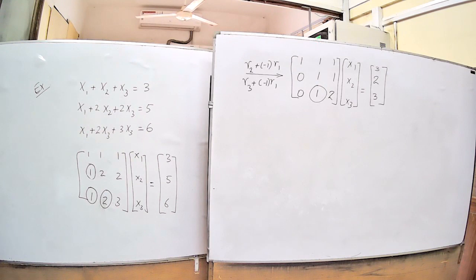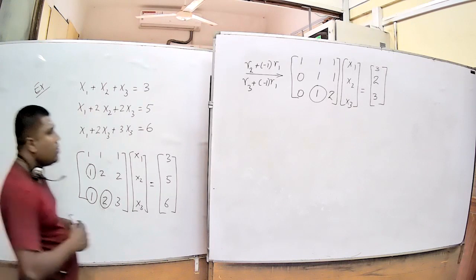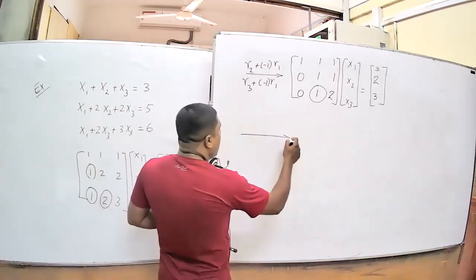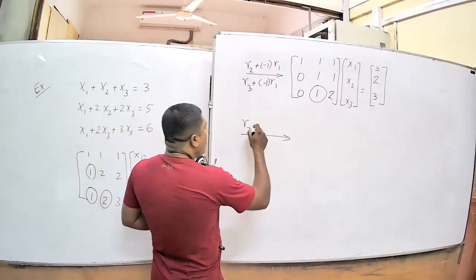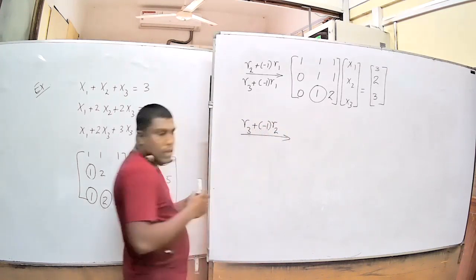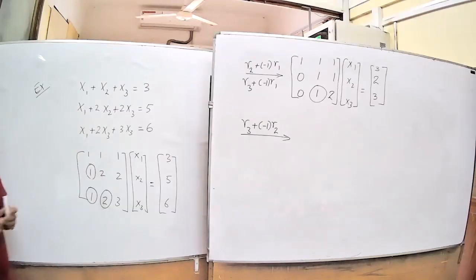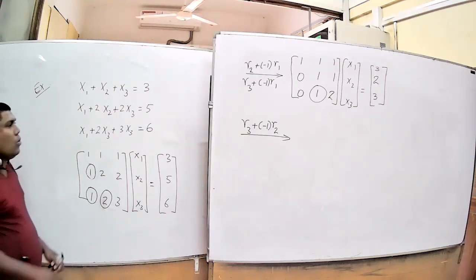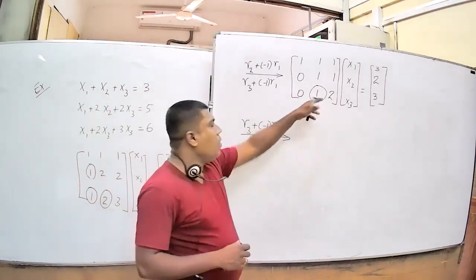So you have to apply some row operation again. If you subtract the second row from the third row, you will get 0 there. So R3 plus -1 times R2. If you multiply the second row by minus 1 and add with the third row, you will get 0 here.